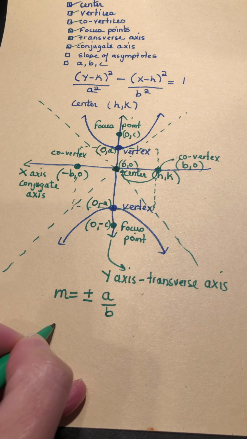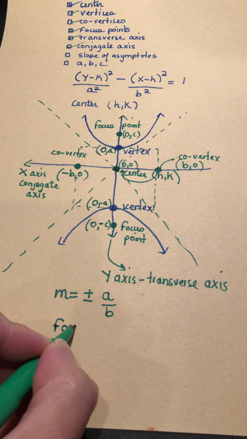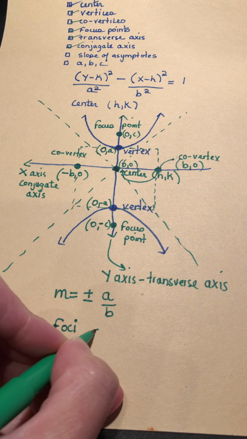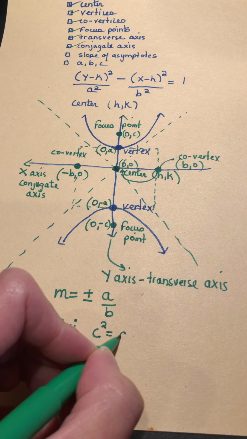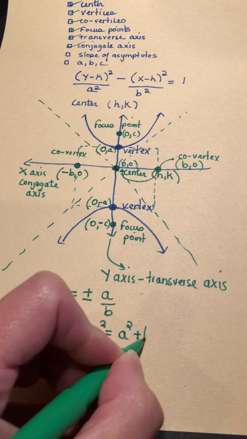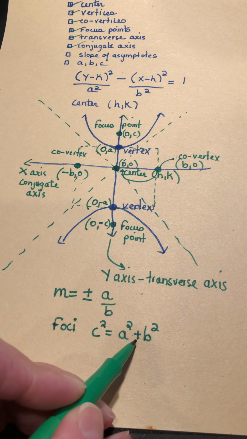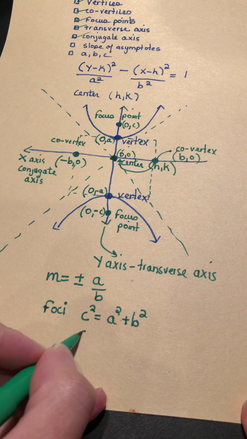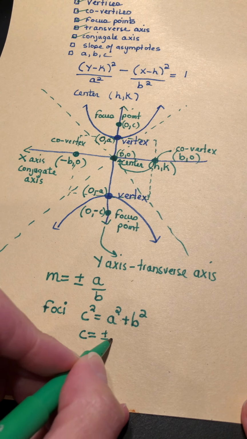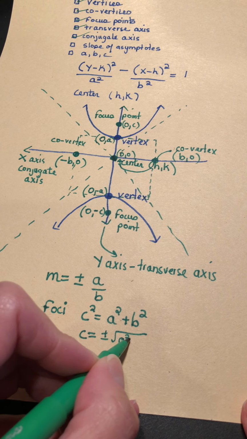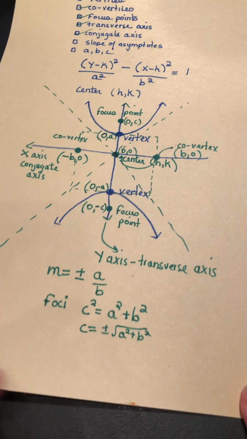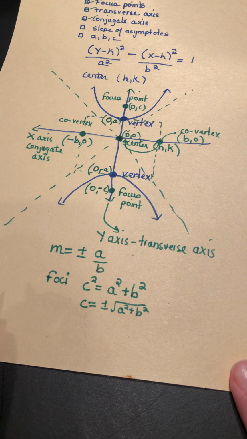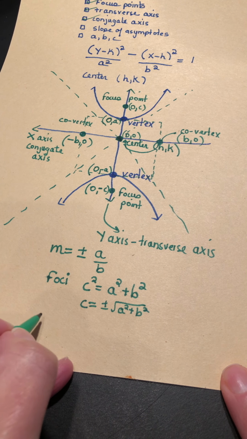So if I'm looking for equations for the foci, it's still c squared equals a squared plus b squared. Again, notice the slight difference from the ellipse formula. There's a plus there for the hyperbola, which means c equals plus or minus the square root of a squared plus b squared, okay?